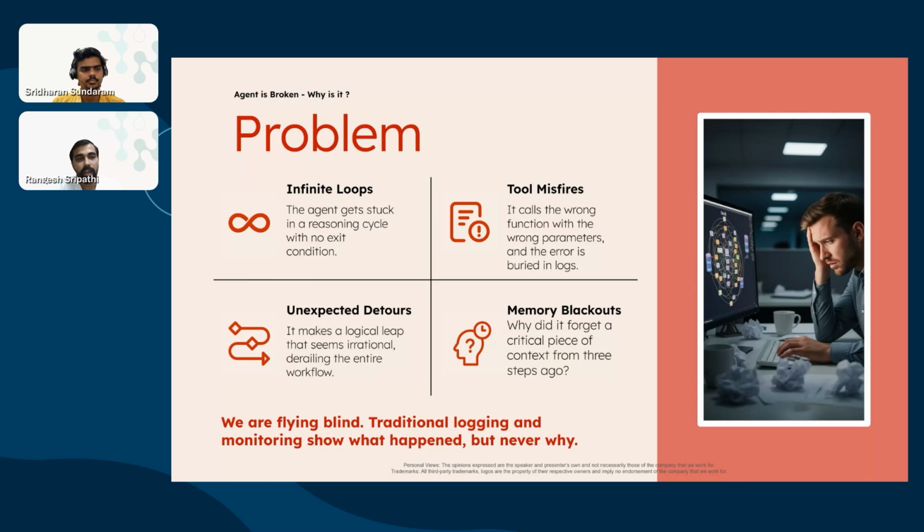When you have all these sophisticated components in a complex agent, we always land in one of four common problems. Number one, tool misfiring. When you ask a question, you have a different set of tools. How do you know that your agent has picked the right tool? That is always a black box for developers. Number two is memory blackout.